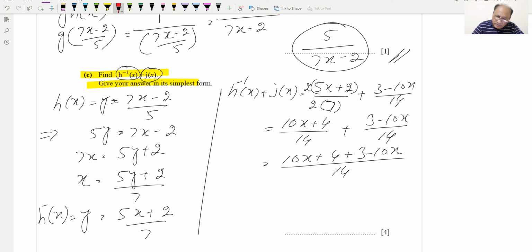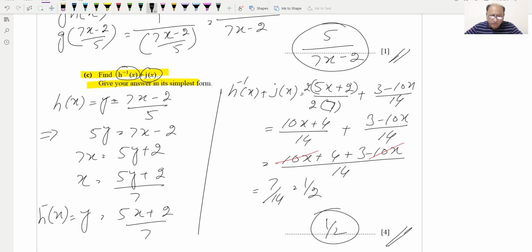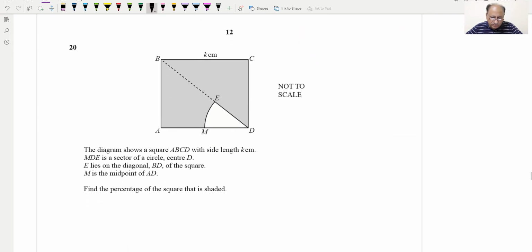Now we can cancel minus 10x with plus 10x, and 4 plus 3 will be 7. So it will be 7 over 14, which is equal to 1 by 2. So 1 by 2 will be our final answer for 4 marks. Hopefully you understood this. Now here comes question number 20, and the diagram is provided.